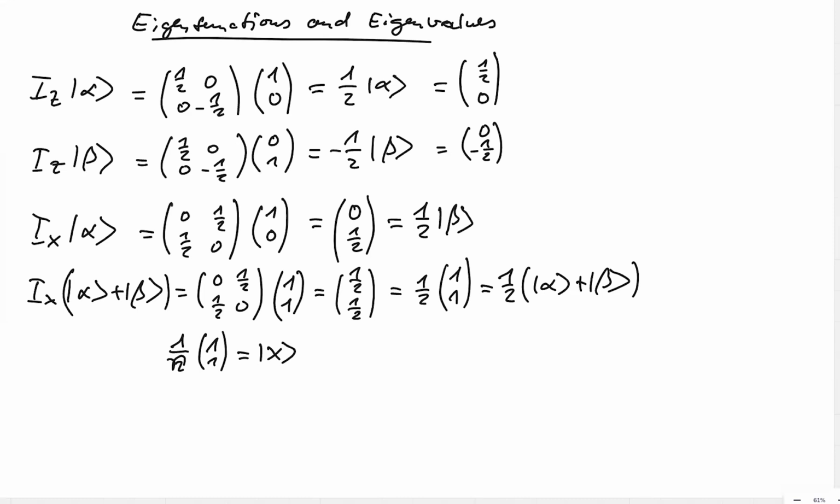Equally, we can define the state 1 over square root of 2 times 1, minus 1, and call it the minus x state. Just to verify it, we can do the calculation.